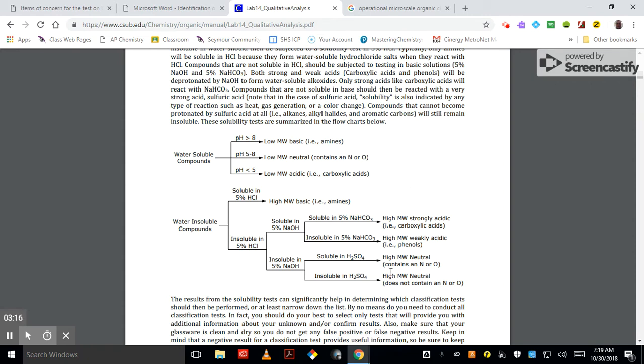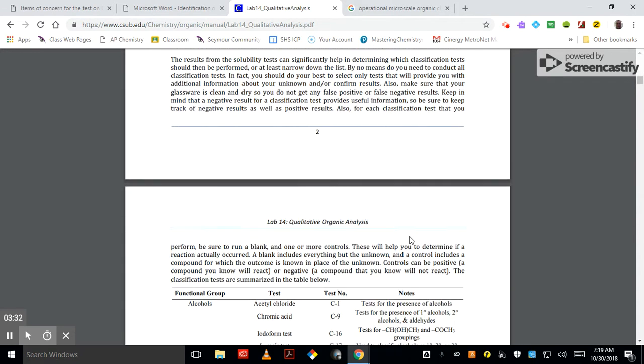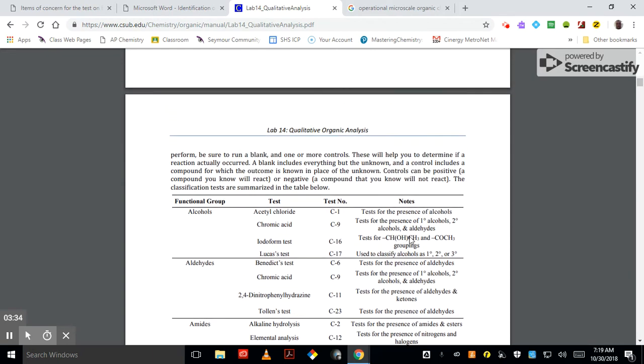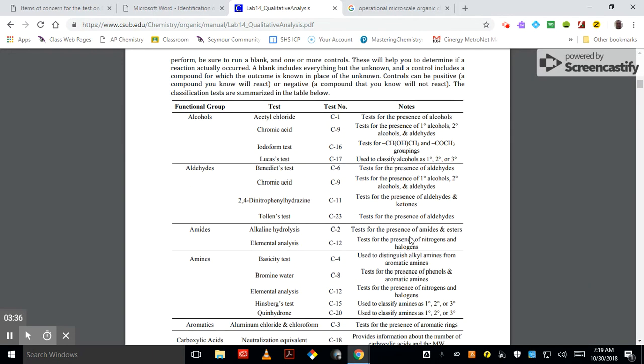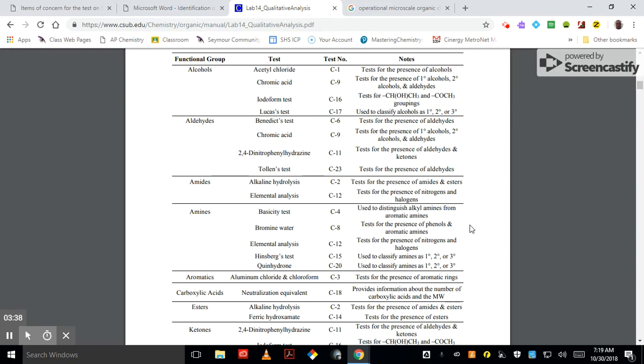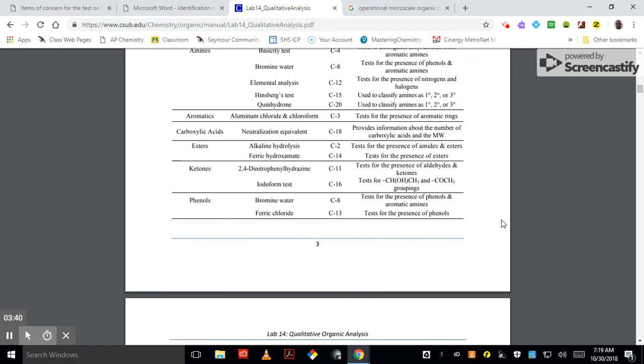Now, you can run these tests. They're not listed in the book for other solubilities. I'll make this document available to you, and I'll send you the link if you want to have it available. It is okay if you want to run some of these other tests. In the back of the book, there's a bunch of tests listed, an exhaustive list.